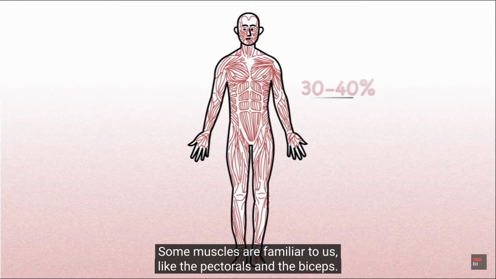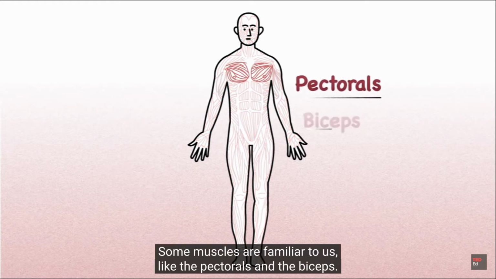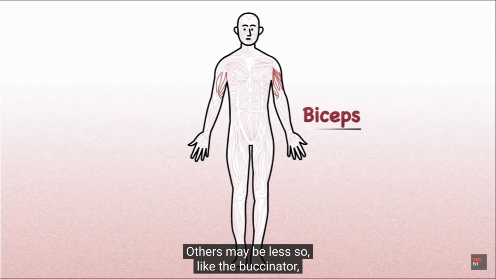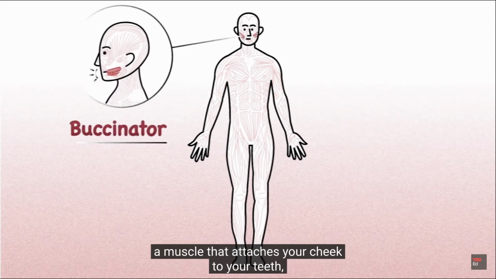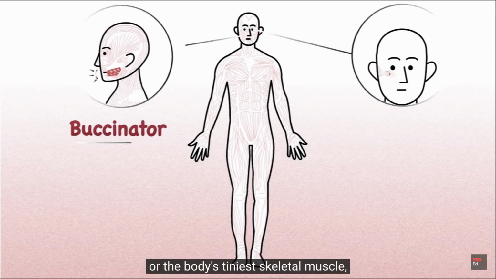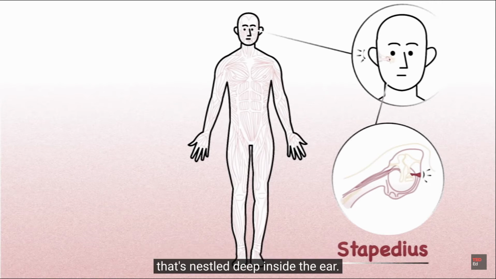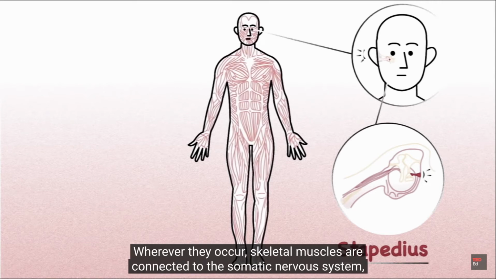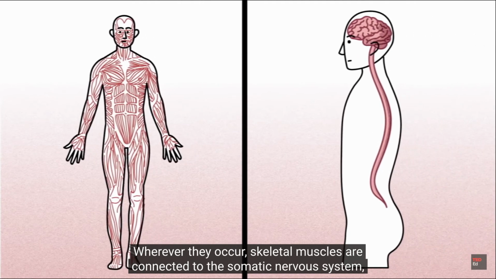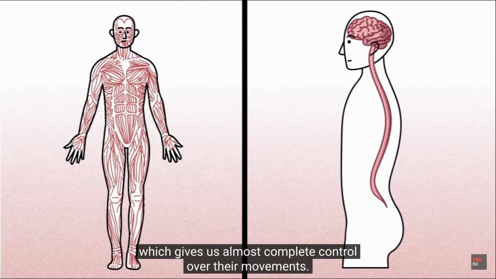Some muscles are familiar to us, like the pectorals and the biceps. Others may be less so, like the buccinator, a muscle that attaches your cheek to your teeth, or the body's tiniest skeletal muscle, a 1 millimeter long tissue fragment called the stapedius that's nestled deep inside the ear. Wherever they occur, skeletal muscles are connected to the somatic nervous system, which gives us almost complete control over their movements.